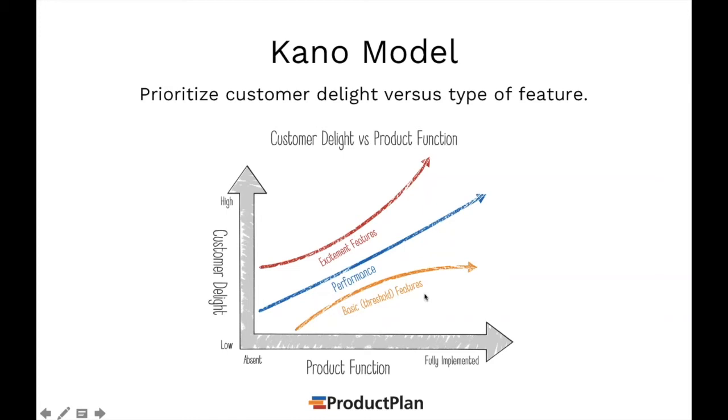I used to work for a B2B SaaS company, and we produced accounting software for a particular market. In order to be competitive, we needed to have an accounts payable module. Accounts payable is one of those things that you simply have to have.